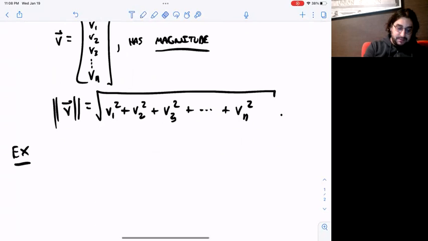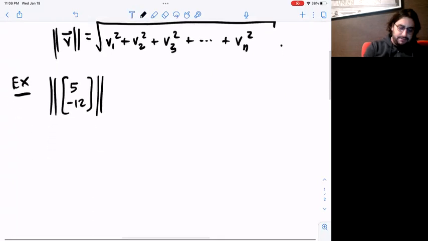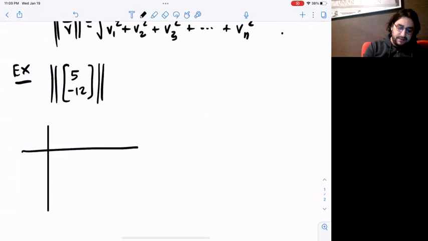Let's do a calculation where we do the magnitude of just a 2-dimensional vector. Let's do 5, negative 12. So what am I looking for? I'm looking for the length of this vector. 1, 2, 3, 4, 5. 1, 2, 3, 4, 5, 6, 7, 8, 9, 10, 11, 12.